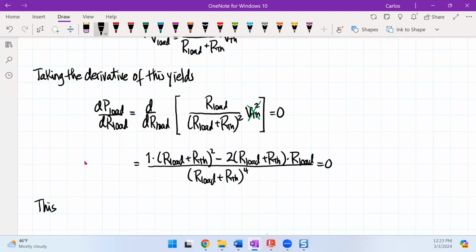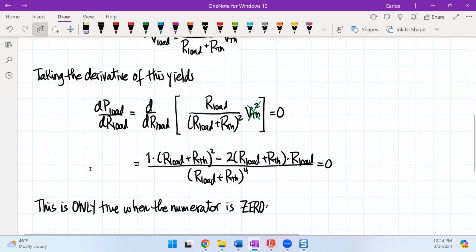This is only true when the numerator is 0.